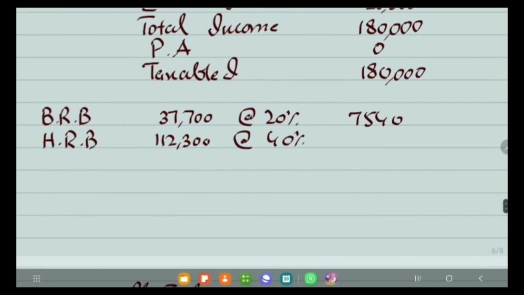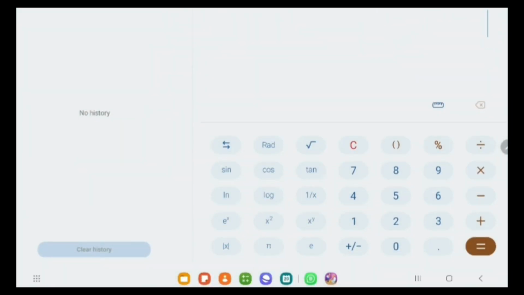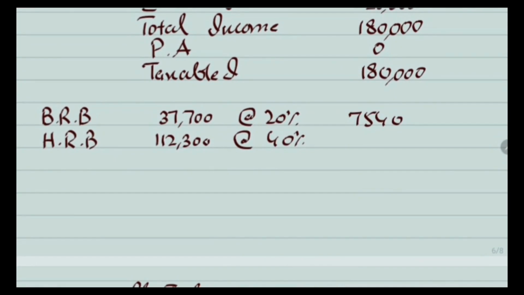So this would be 44,920, and income above 1,50,000 would be taxed at the rate of 45%.